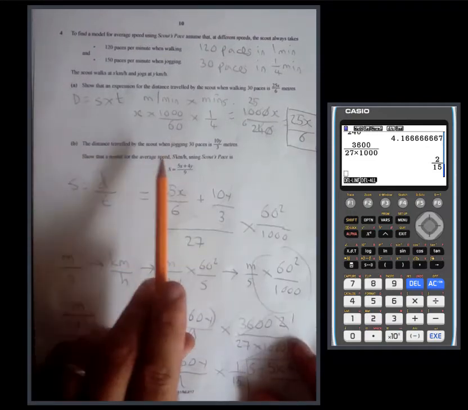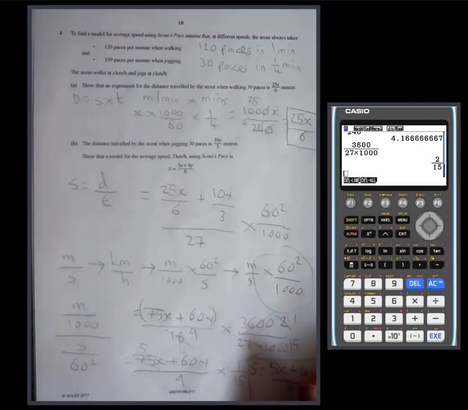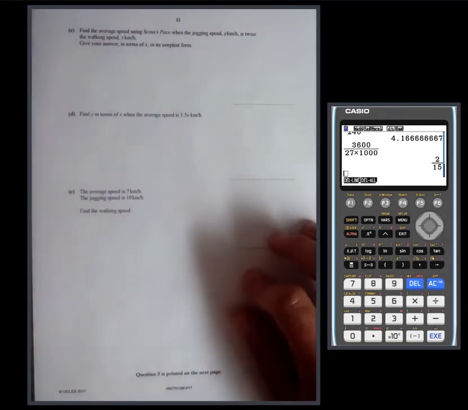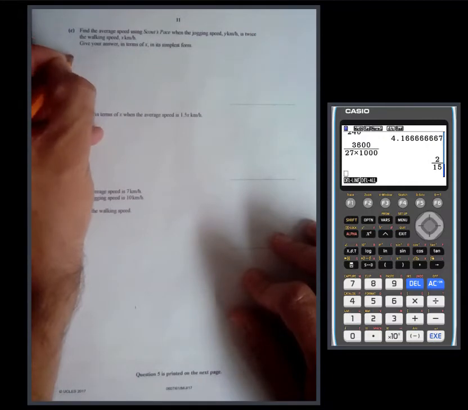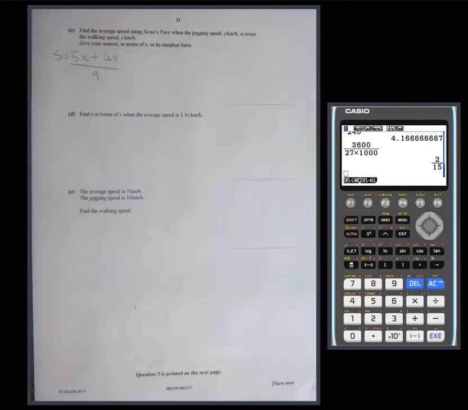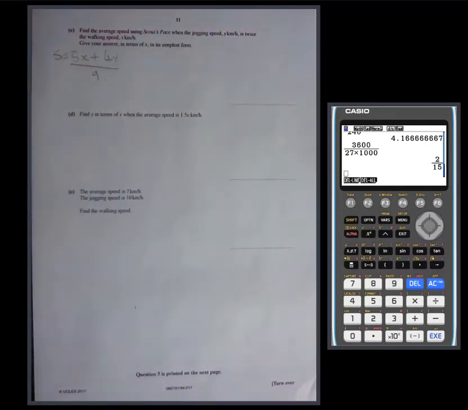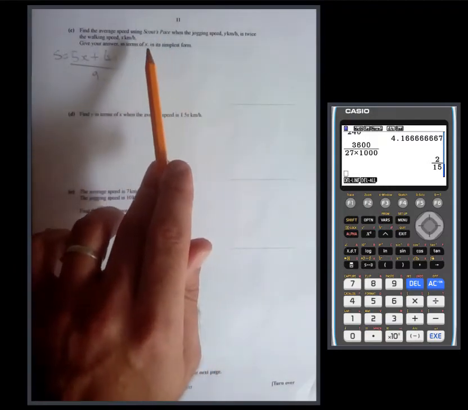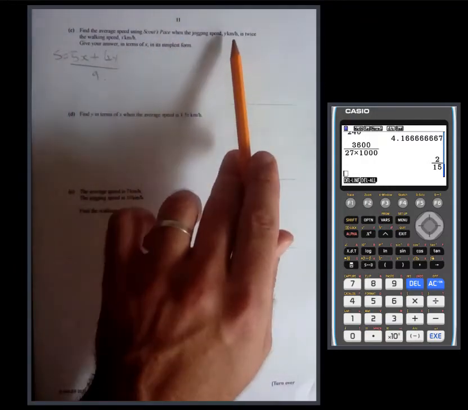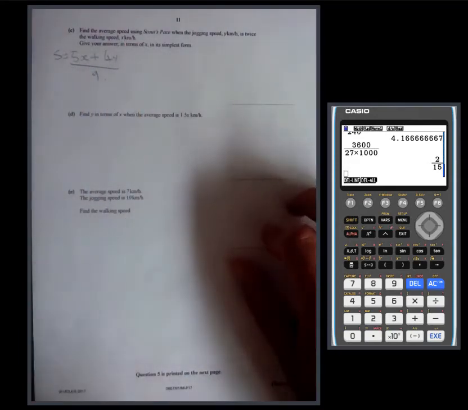So we're going to use this formula that was given to us. We had to show it, but it was given, and then we can use it. S equals 5x plus 4y over 9. Let's write that down. That gives us a speed in kilometers an hour, and everything here is in kilometers an hour, so we don't have to mess about with units. It says find this average speed s when y is twice the walking speed x, so we substitute y equals 2x.